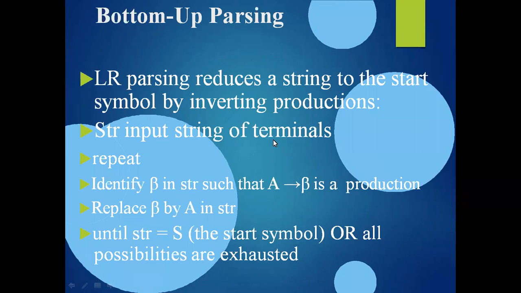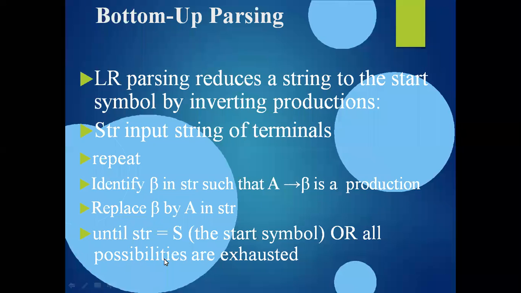What we need to do is just replace this RHS, beta, by the LHS non-terminal. What it means is, we are reducing the terminals in the input string by replacing them with non-terminals.